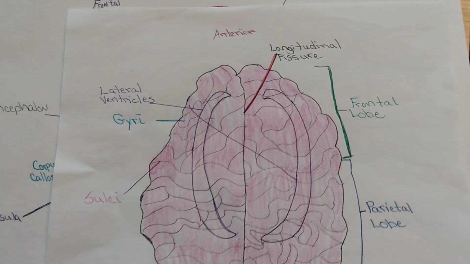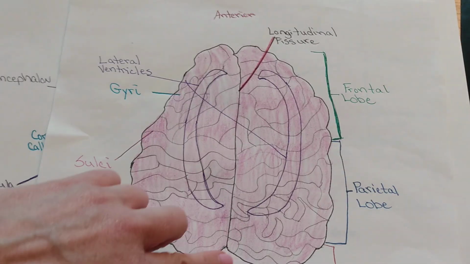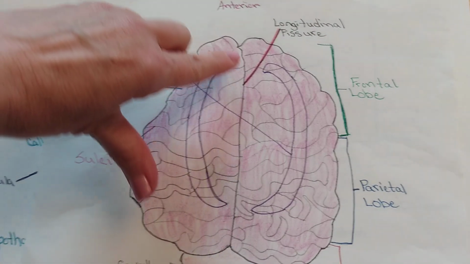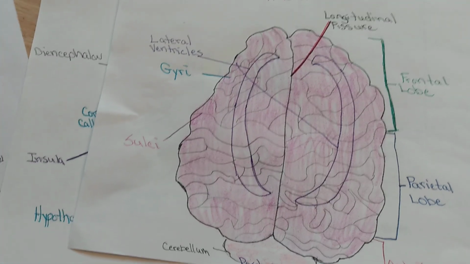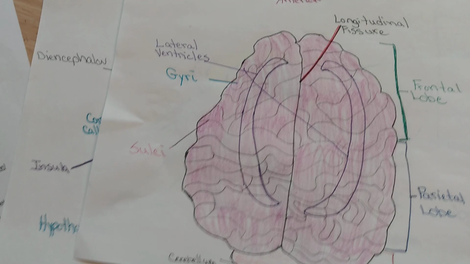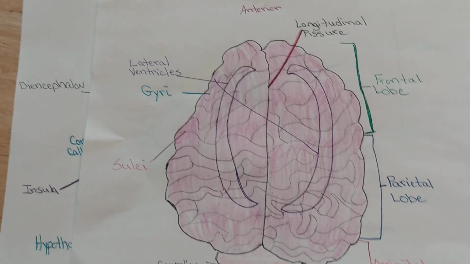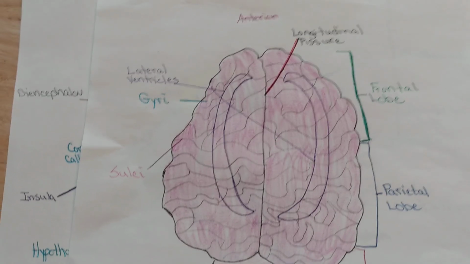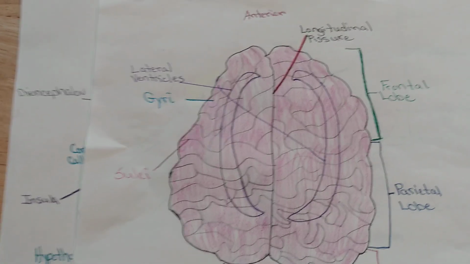The longitudinal fissure is what actually separates the left and right hemispheres of the brain. So again, the fissure is a deep groove in the cerebrum. And so again, going back to the longitudinal fissure, it separates the right and left hemispheres of the cerebrum.